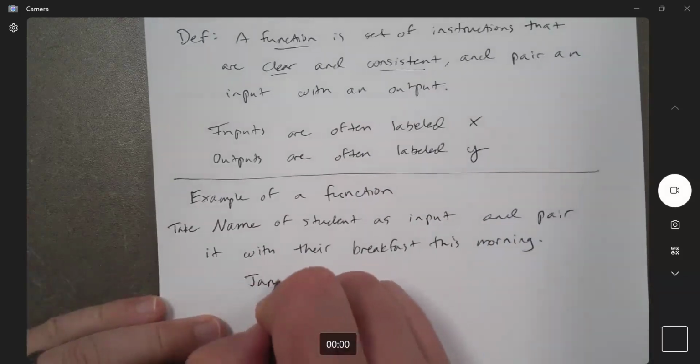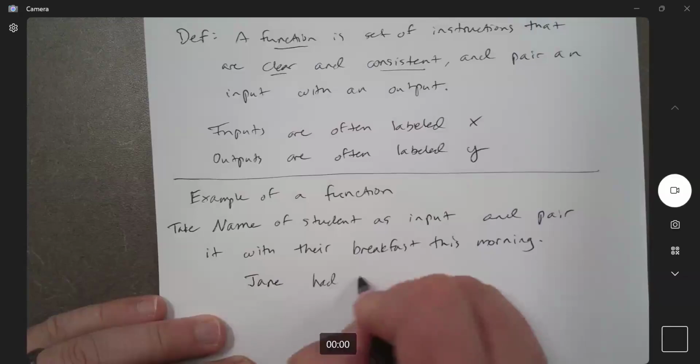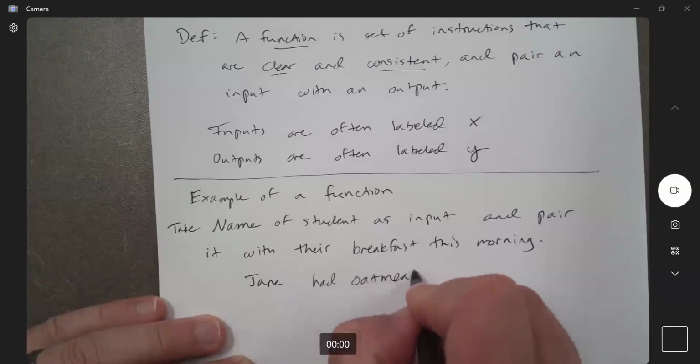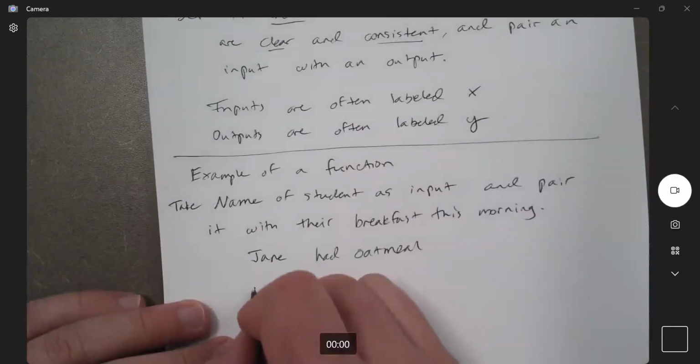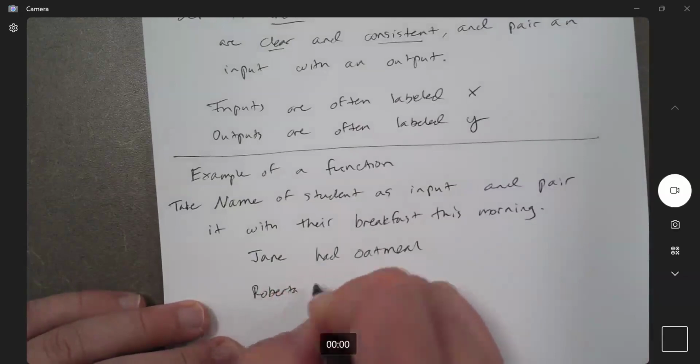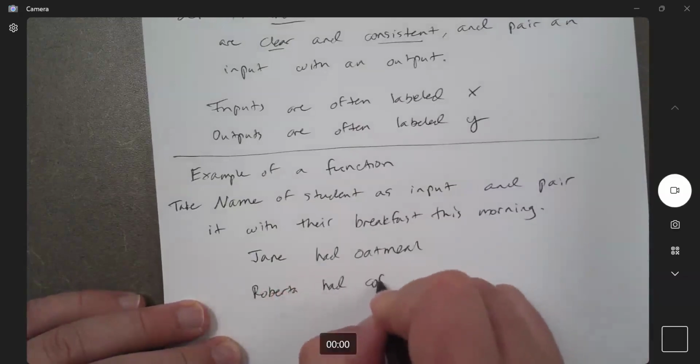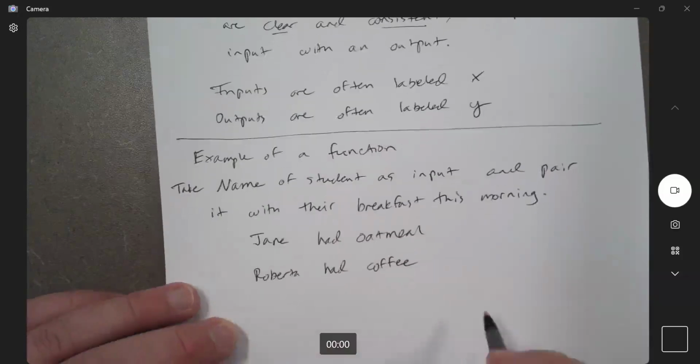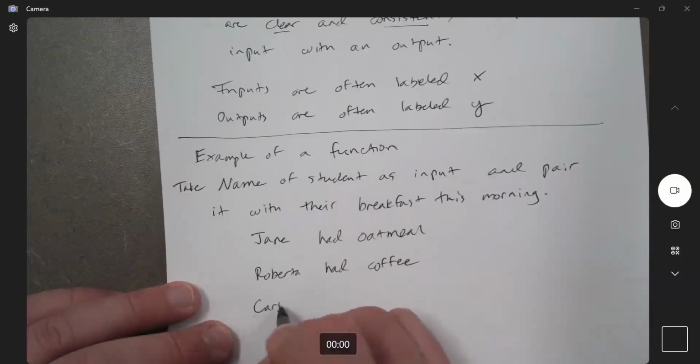Jane had oatmeal. Roberta had coffee. Carl had oatmeal also.